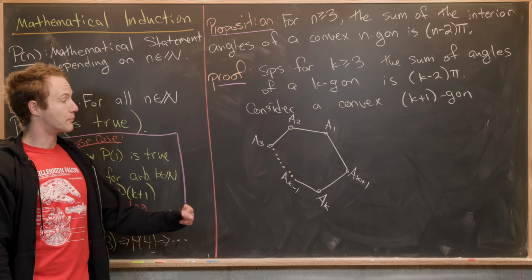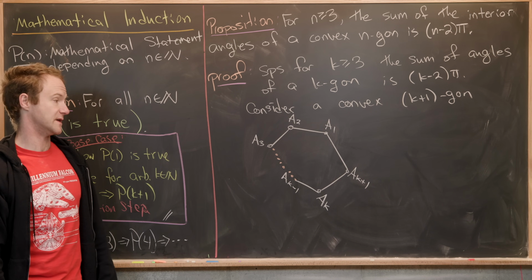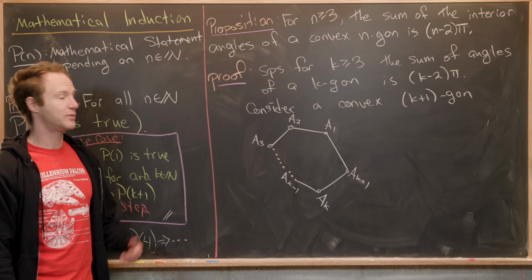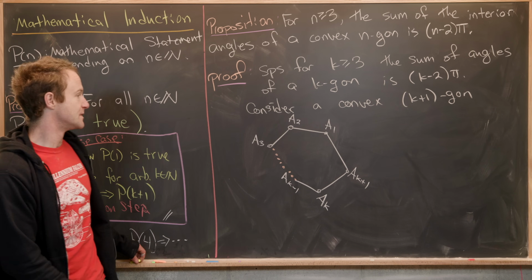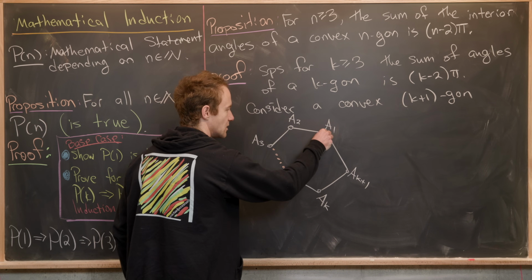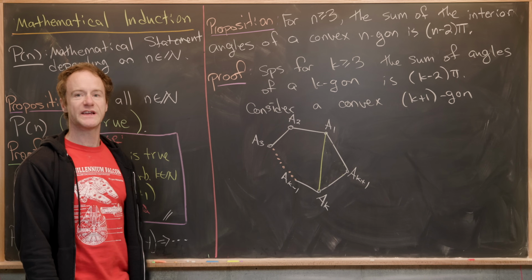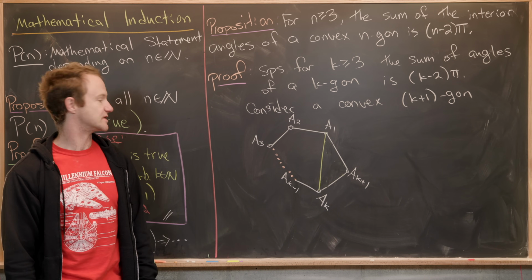Now we want to break a triangle away from this and then apply the induction hypothesis. Okay, so let's see if we can do that. So we'll break this triangle away right here, and then we can jump to using our induction step.